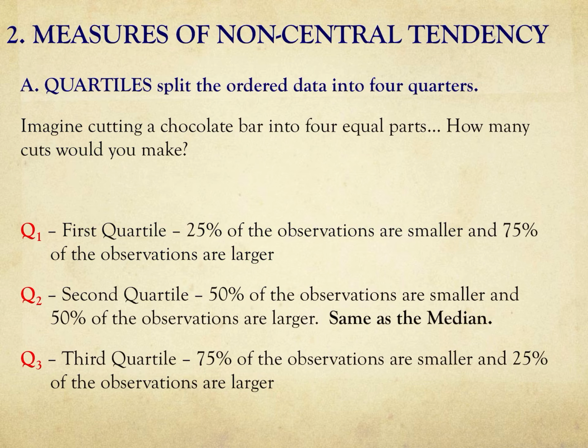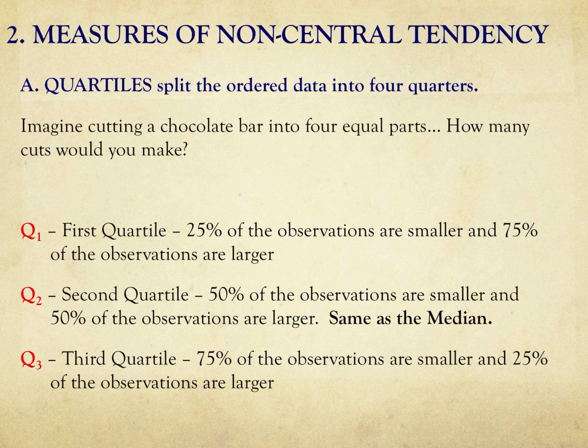So for example, let's start with the simplest one, which is quartiles. Imagine cutting a chocolate bar into 4 equal parts. How many cuts will you have? You'll have 3, of course.